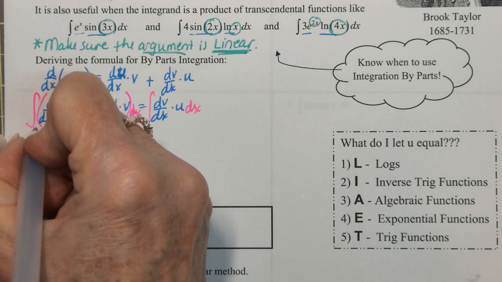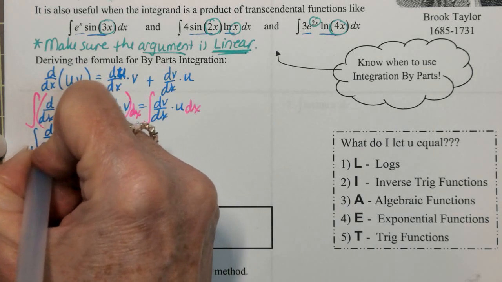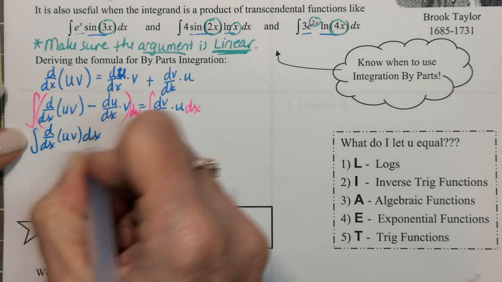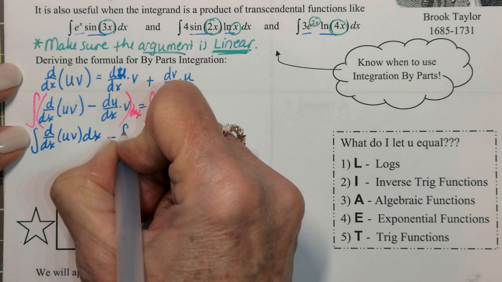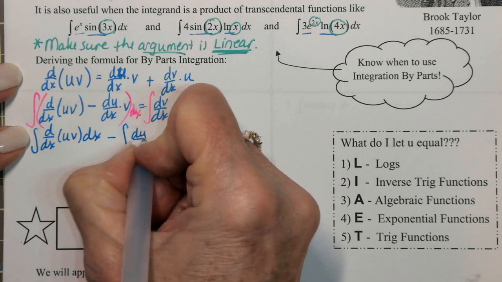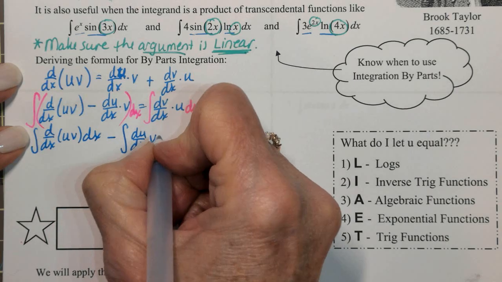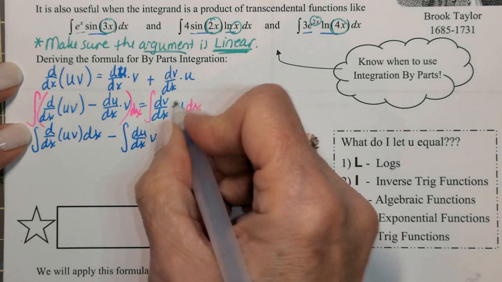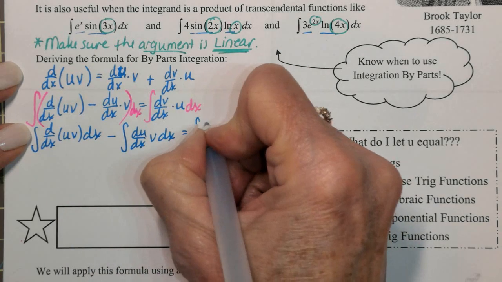So I'm thinking of this as, I don't necessarily have to rewrite this, the integral of that minus that integral, and that's going to equal this integral. I'm just going to rewrite this one.